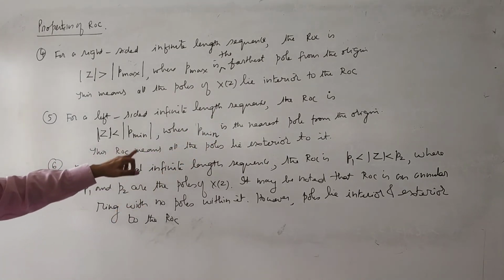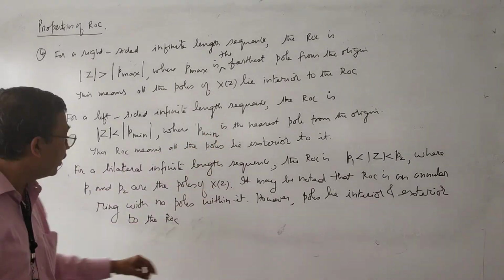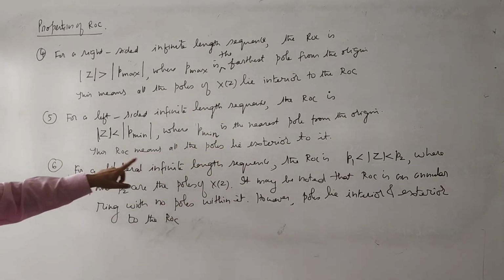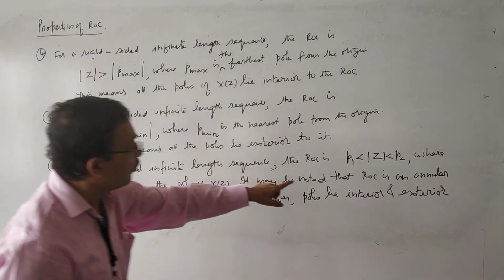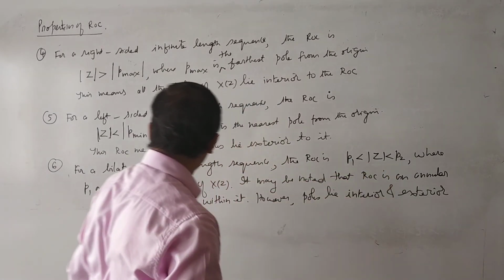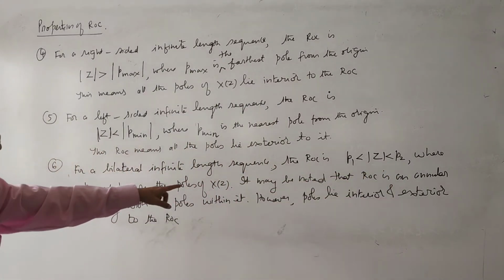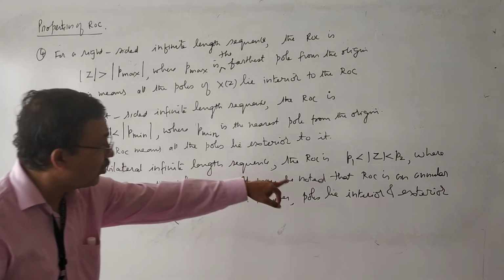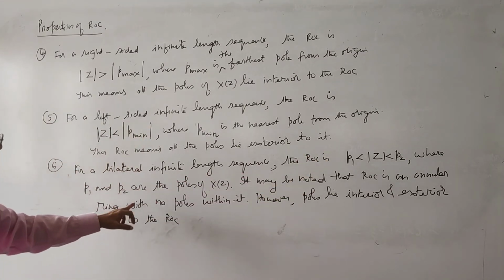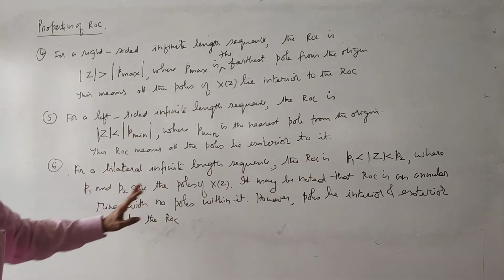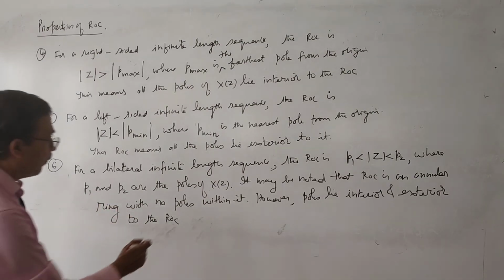This ROC means all the poles lie exterior to it. For a bilateral infinite length sequence, the ROC is mod z between P1 and P2, where P1 and P2 are the poles of x of z. The ROC is an annular ring with no poles within it. However, poles lie interior and exterior to the ROC.